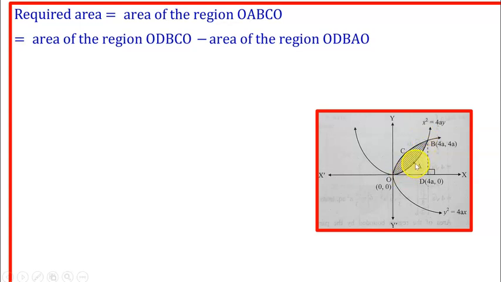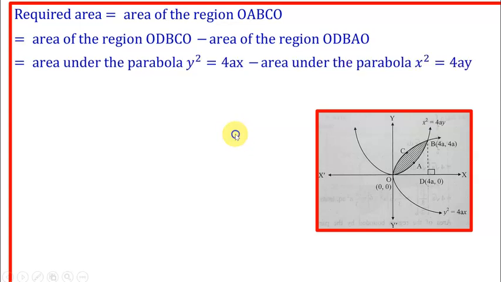That is, the area below the parabola y square is equal to 4ax minus the area below the parabola x square is equal to 4ay. Therefore, the area under the parabola y square is equal to 4ax minus the area under the parabola x square is equal to 4ay.